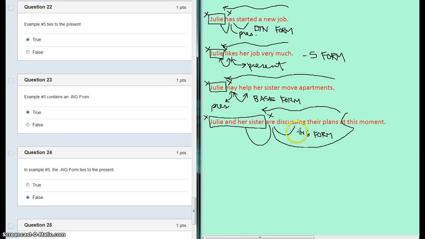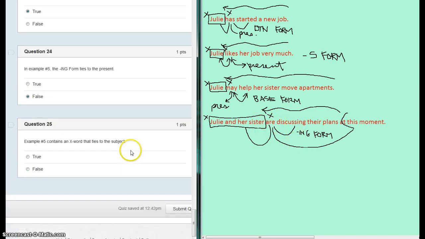It doesn't, because we could say Julie and her sister were discussing, and then the sentence is talking about the past. It's the X word that ties with time, not ing. Example number 5 contains an X word that ties to the subject. That's absolutely right. Are is one of the X words that ties with subjects. True. Okay, let's submit it.